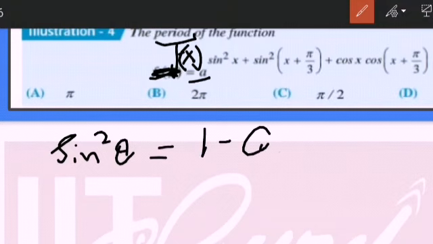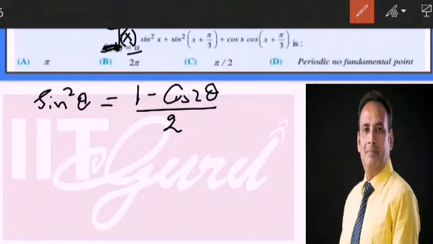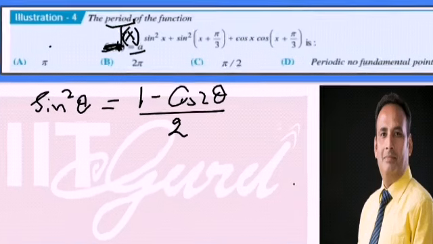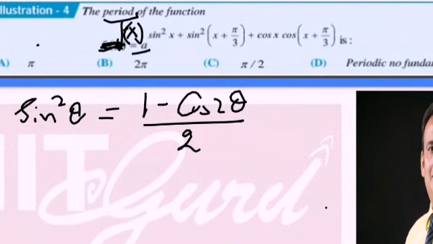So better you use the double angle formula, sin square theta is equal to 1 minus cos 2 theta upon 2. By using this, you can reduce sin square x as 1 minus cos 2x upon 2, and the same for the other one. And in the third one, you have cos x into cos of (x plus pi by 3). For this, you have to convert by using the 2 cos a cos b formula.